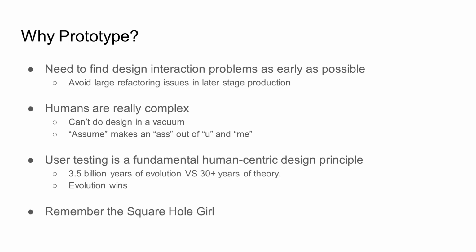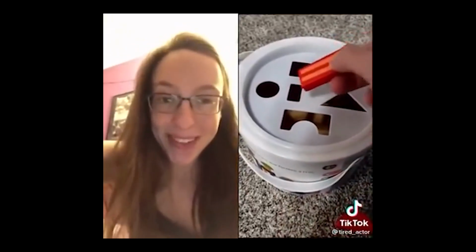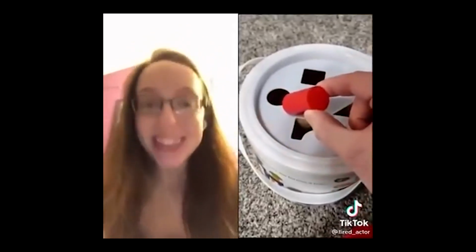I love that video. This is a square. Can you guess which spot that goes in? The square. That's right. It goes in the square hole. Yes. Okay. And how about this rectangle? That one? Also the square. It goes in there too. Yeah. Up next, we've got this thin rectangle. The thin rectangle. Can you guess where that goes? The thin rectangle. That's right. It goes in the square hole. And up next, a cylinder. The circle. I think that goes in the square hole.